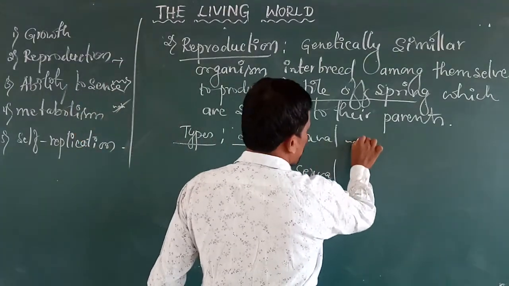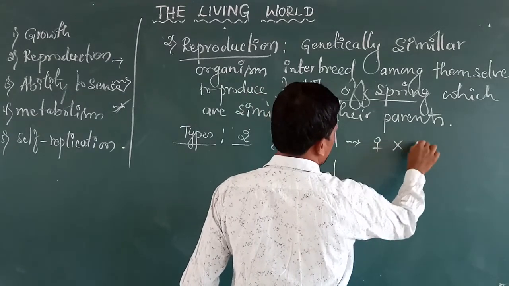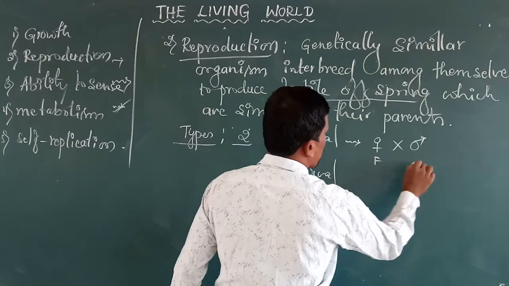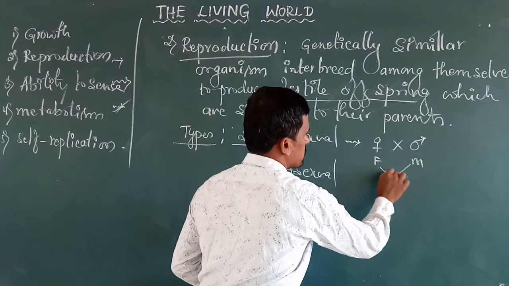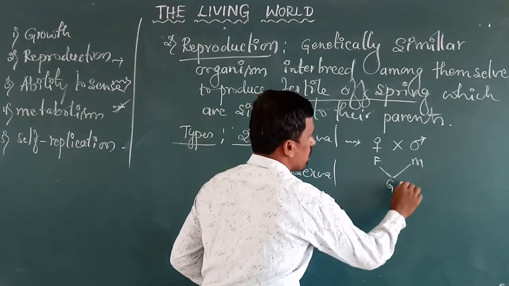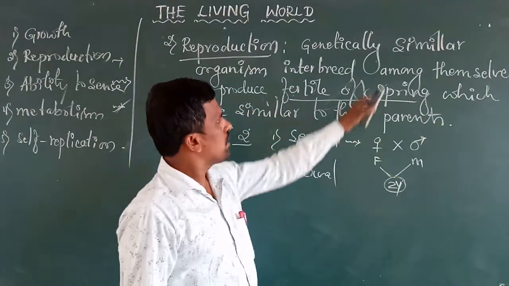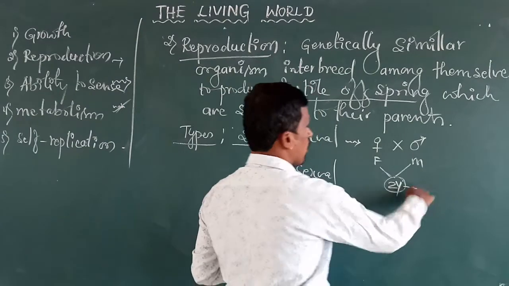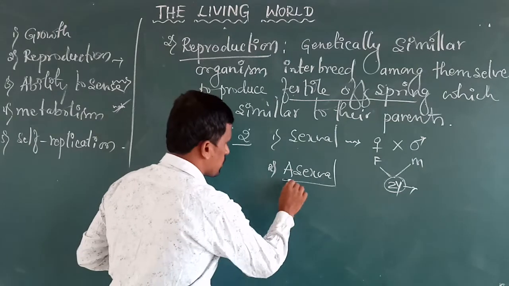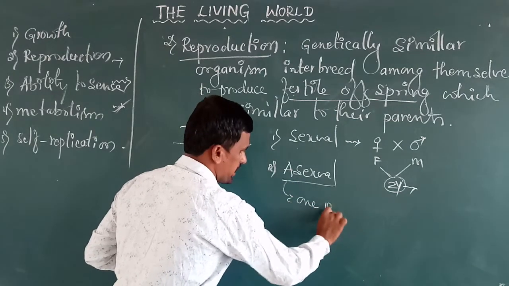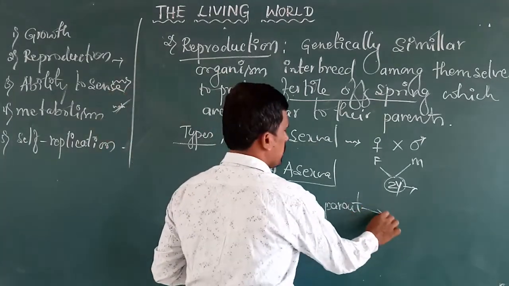In sexual reproduction, male and female organisms are involved to produce gametes. Both gametes fuse to form a zygote. This zygote later develops into a fetus and forms the offspring. In asexual reproduction, only one parent is involved to produce the offspring.